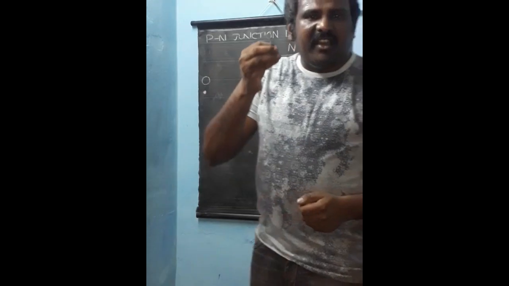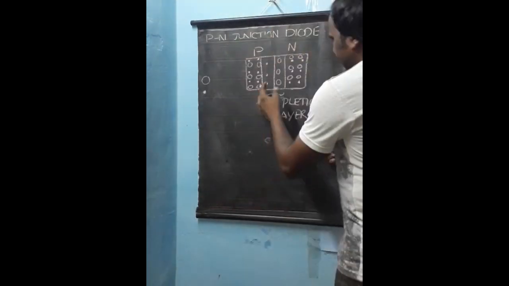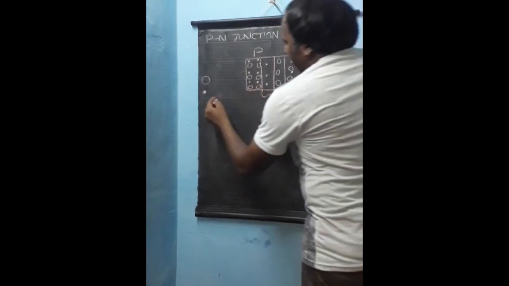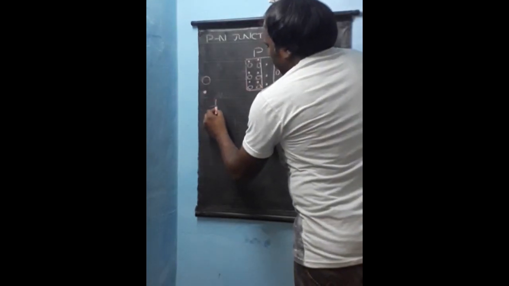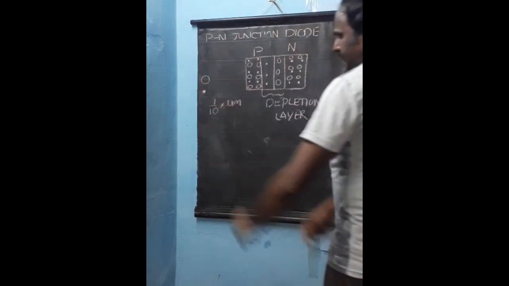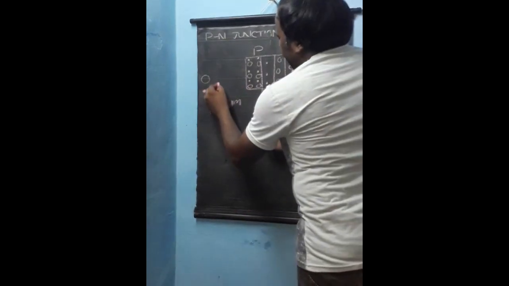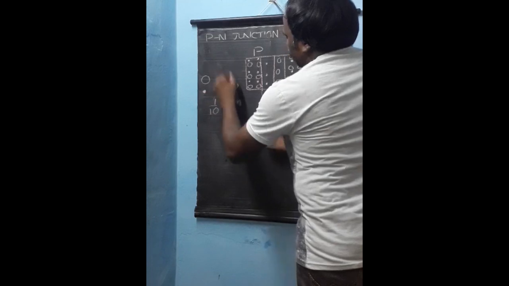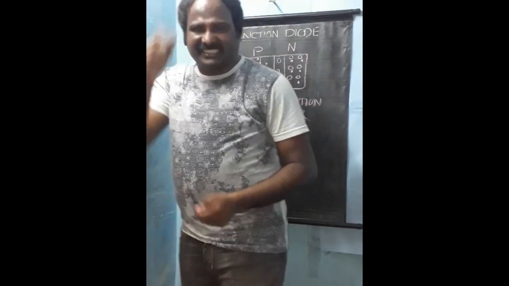The depletion layer formed has a width of 1/10 of a micrometer. The symbol mu indicates micro. Micro means 10 power minus 6.